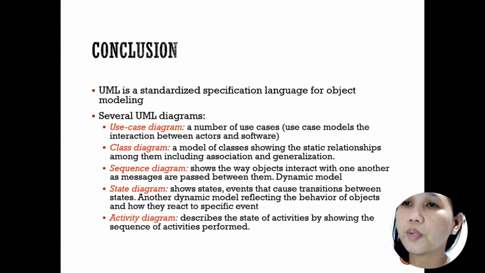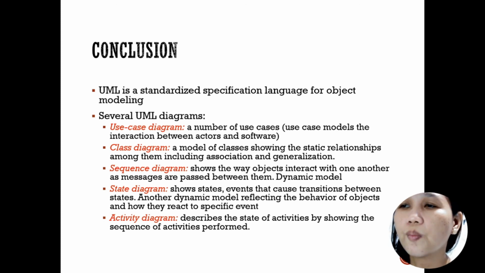So we therefore conclude that UML is a standardized specification language for object modeling. There are several UML diagrams that we can use. The use case diagram is more on the actors and the software itself. The class diagram is a model of classes showing static relationships among them, including association and generalization, as discussed.